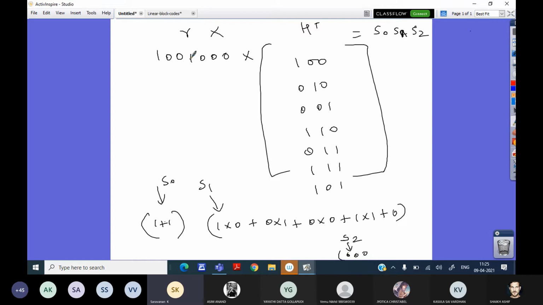All the bits are going to be 0, right? So what is my S0? 1 plus 1 is 0.